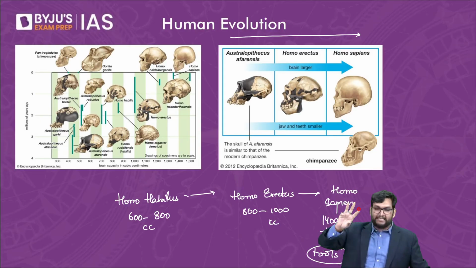But I started with 3 questions with you. What is the concept of time? Everybody says they understand that. Now I have established to you why 2 million BC. That you also understand. Thereafter, I've also told you why tools. That you also understand, because tools are the window to studying our history.